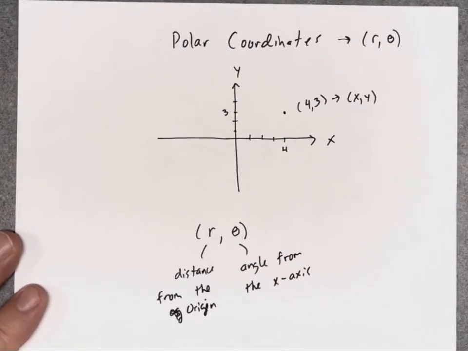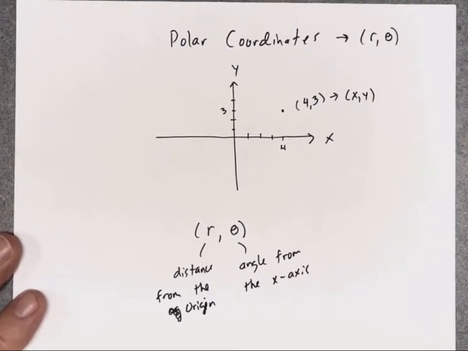All right, that may not be totally clear now. Let me go ahead and give you a couple of points written in polar coordinates, and then we will graph them.